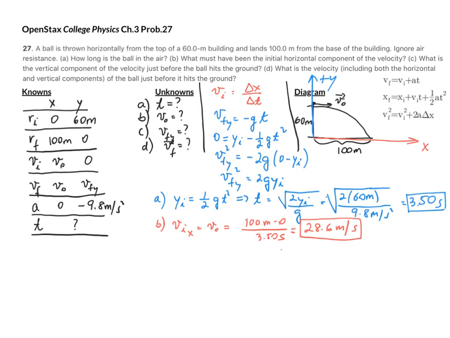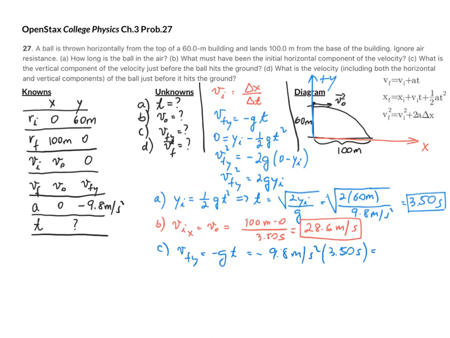All right. In part C, now I'm looking for the velocity final in the y direction. So in this equation now, this is the quantity that I'm looking for for part C. I know g and I know t. I found t in the first part. So I can use that equation and say that v final y is negative gt, or negative 9.8 meters per second squared, times the time, which was 3.50 seconds.